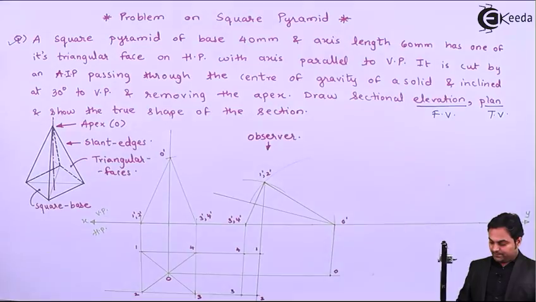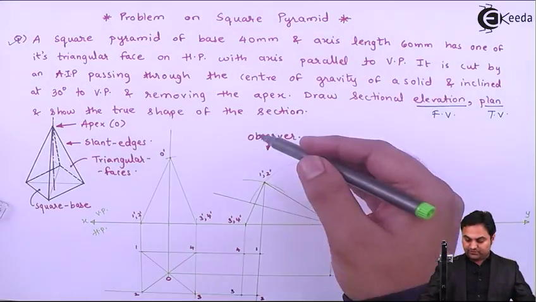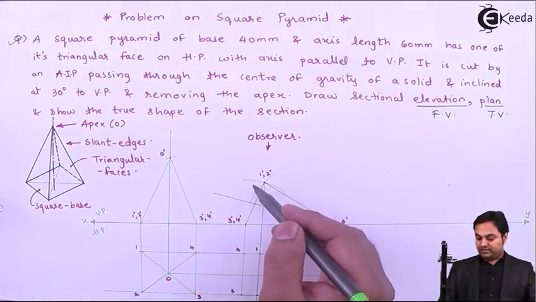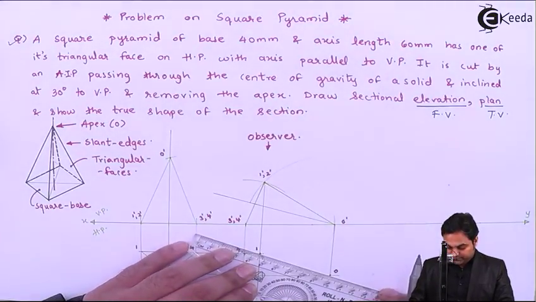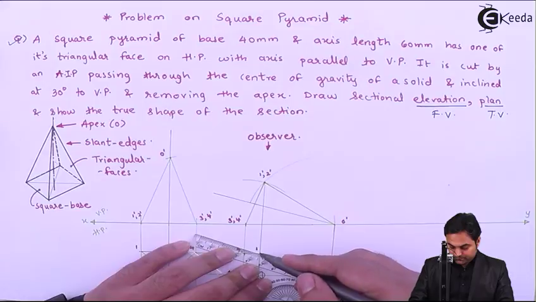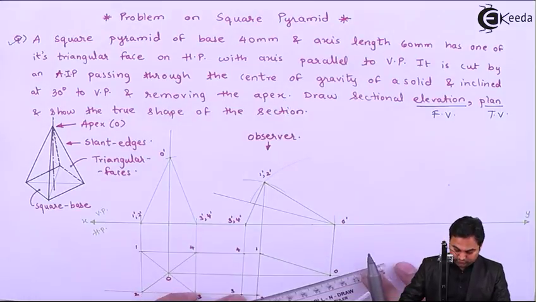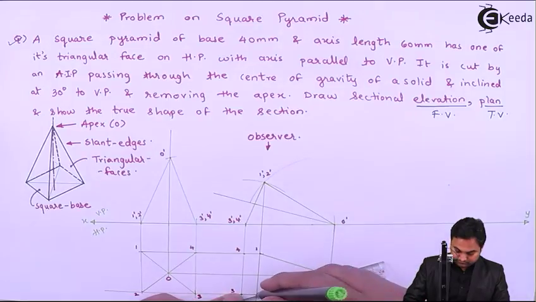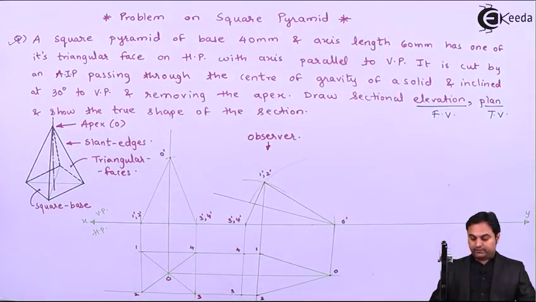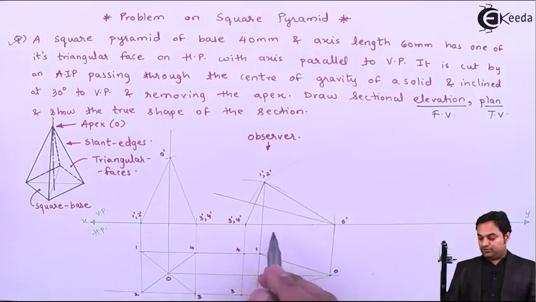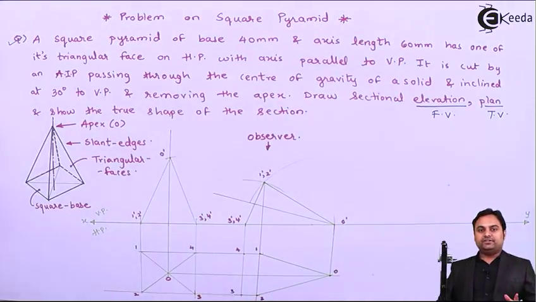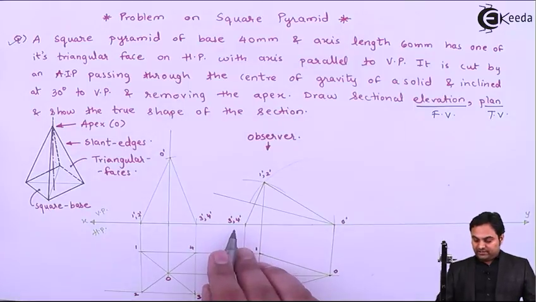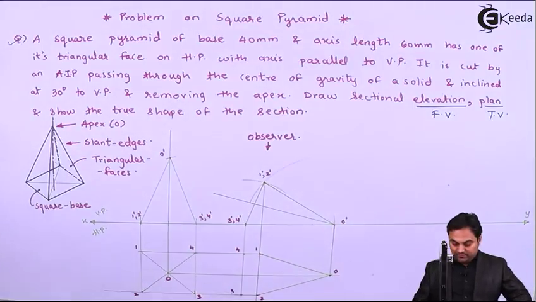Next, joining them lightly. As an observer looking from top, O dash 1 dash and O dash 2 dash are visible. So joining O to 1 and O to 2. As an observer, the edges O dash 3 dash and O dash 4 dash, which form the triangular face O dash 4 dash and 3 dash, that triangle will be hidden.